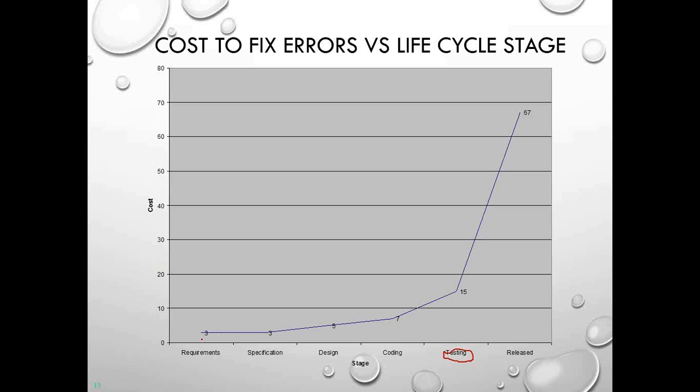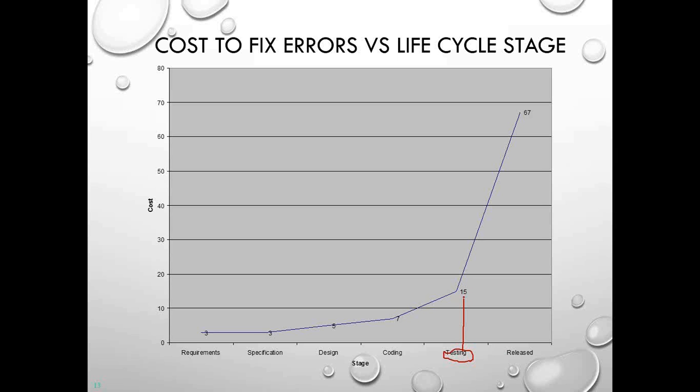As you see, in the requirement phase, if you identify an error, it is less costly. If you find it in the TRD phase, still manageable. If you find it in the design phase, it goes a little higher. If you find it in the coding phase, beyond that. If you go one level up, which is your testing phase, this goes higher.